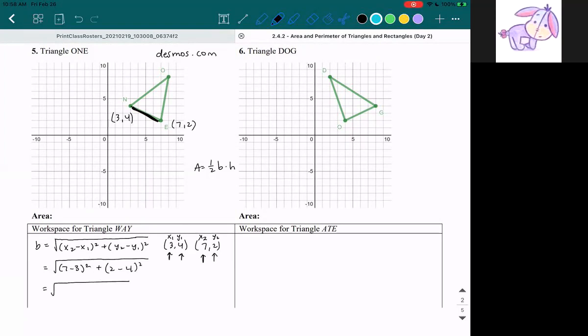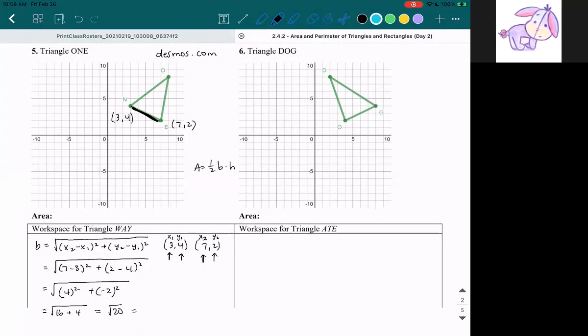And then we simplify again, so 7 minus 3, that gives us 4. 2 minus 4, that gives us negative 2. 4 squared is 16. Negative 2 squared is 4, positive. Remember, negative times negative is a positive. And then we got square root of 20. Let's use a calculator.